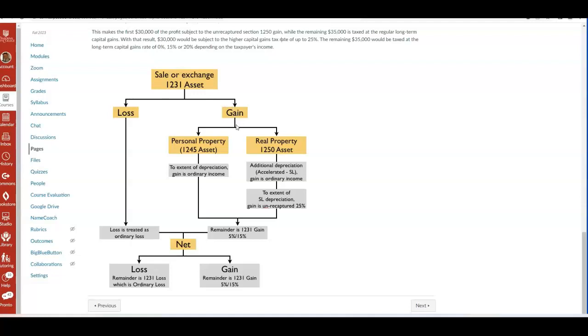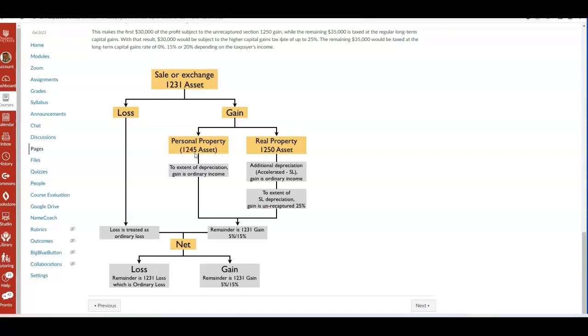Let's go to gain. Let's say we have a gain. It might be personal property, or it might be real property. If it's personal property, then it's a 1245 asset.